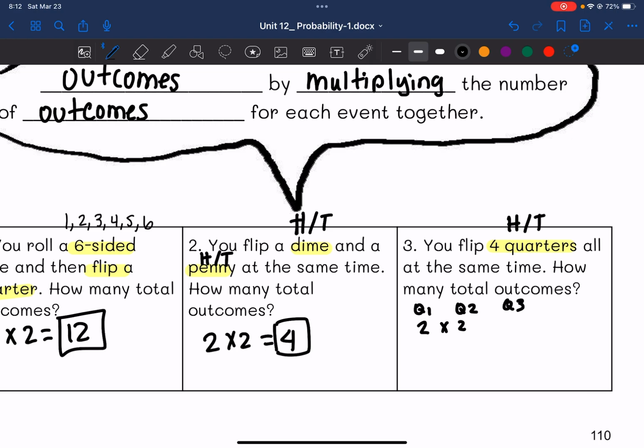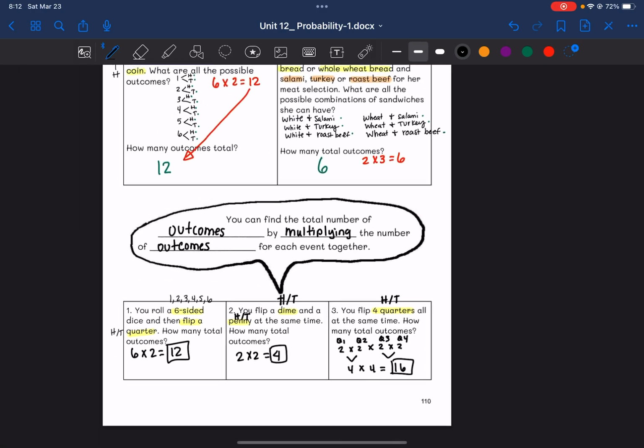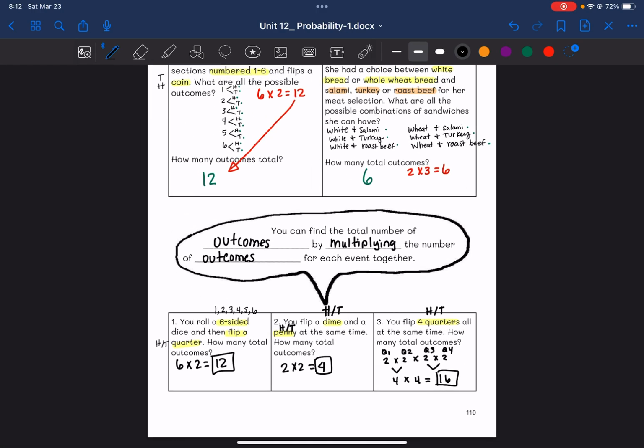Quarter 3, that's 2. Quarter 4 is also 2. So 2 times 2, that's 4. Another 2 times 2 is 4. 4 times 4 is 16. Done. All right, that is it for the notes.